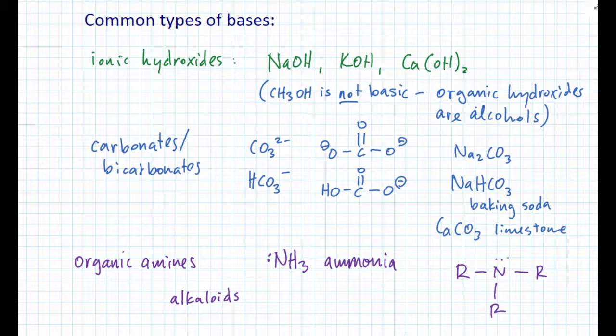But for now, it has a lot to do with that lone pair of electrons on the N. You'll notice all these other things were negative, right? Like OH minus, or the 2 minus on the carbonate, or the 1 minus on bicarbonate. But amines are neutral, but it's that pair of electrons that serves as the basic component.